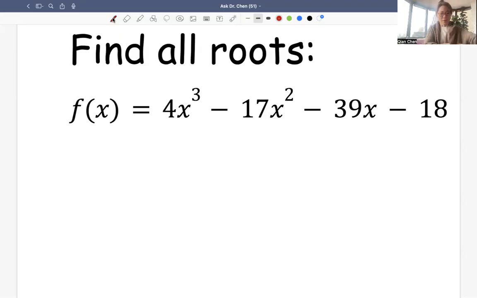I got to go back to my drawing pad. So we want to apply the rational root theorem.